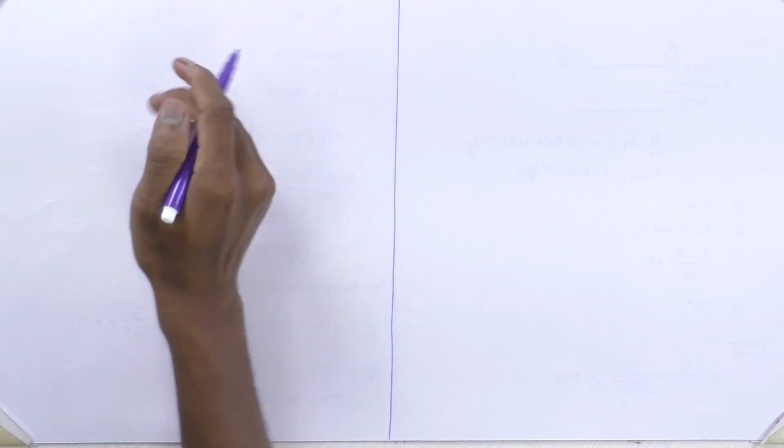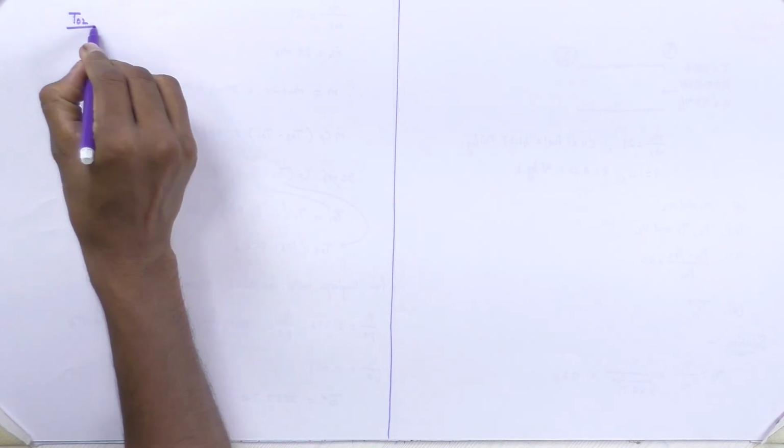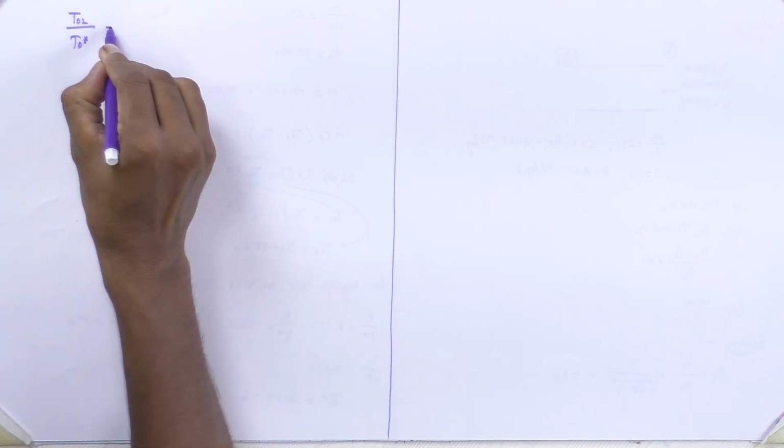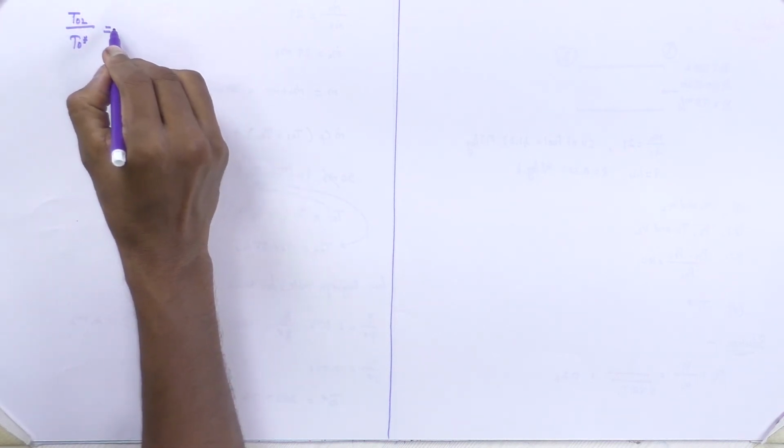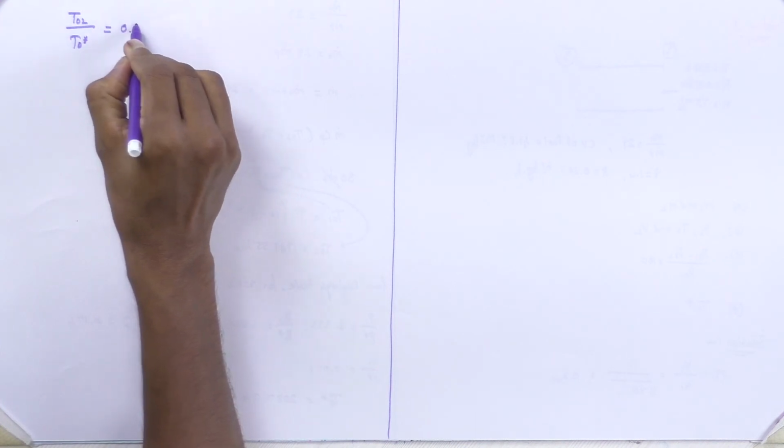Now to relate the exit properties with the sonic condition, we can have this ratio T02 divided by T0 star. After this calculation we will get this value as 0.859.